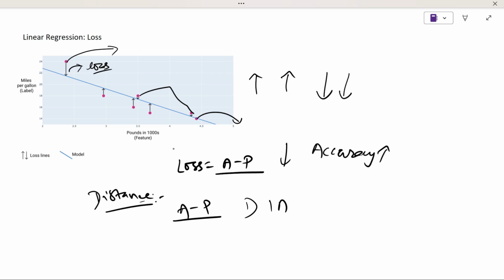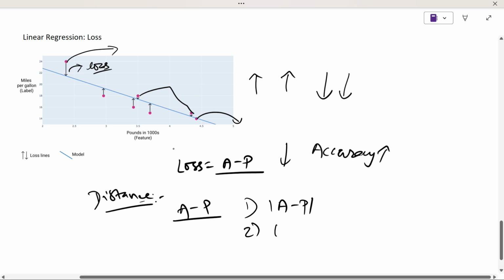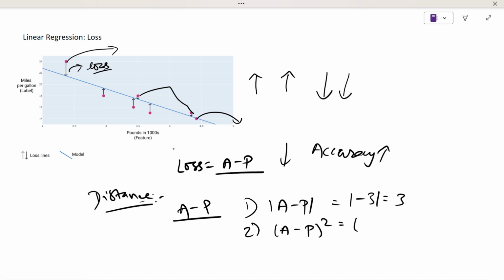First thing is we take the absolute value of actual minus predicted values, and second thing is we do squaring of actual minus predicted values. Now for instance, the absolute value of minus 3 is 3, and if we have actual value as 3 and predicted value as 4, then the result is minus 1. Now if we square this, we get 1.